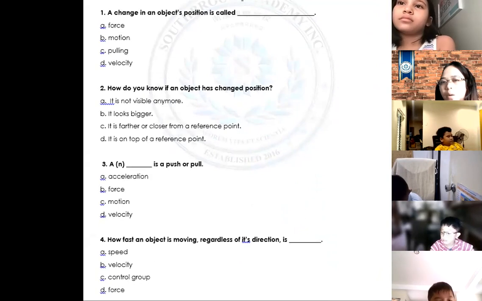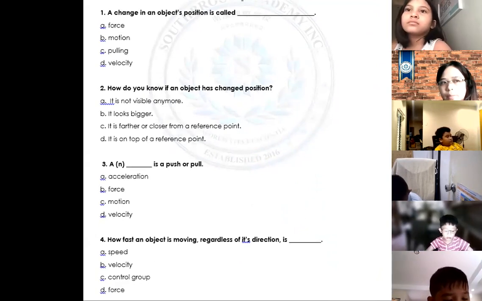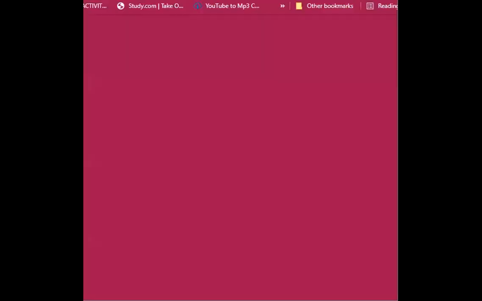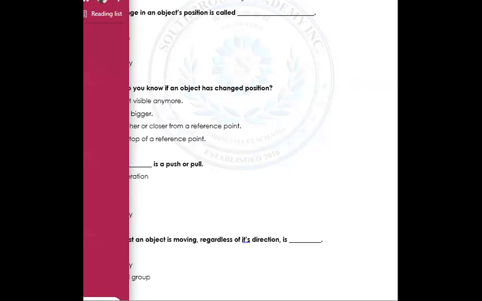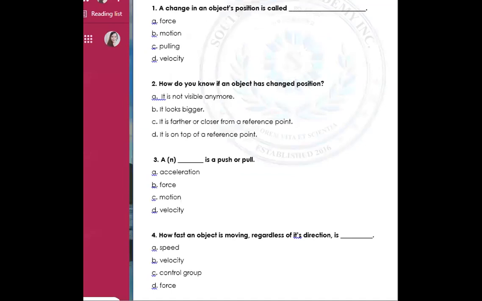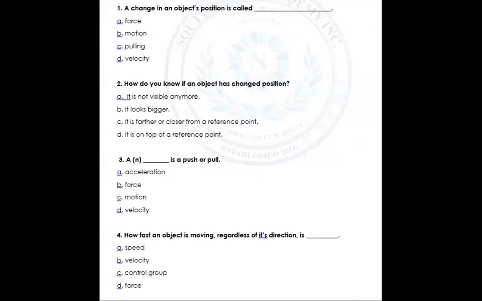So you have here number 1. A change in an object's position is called blank.